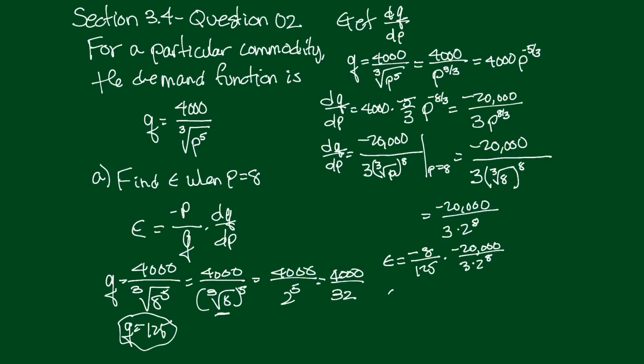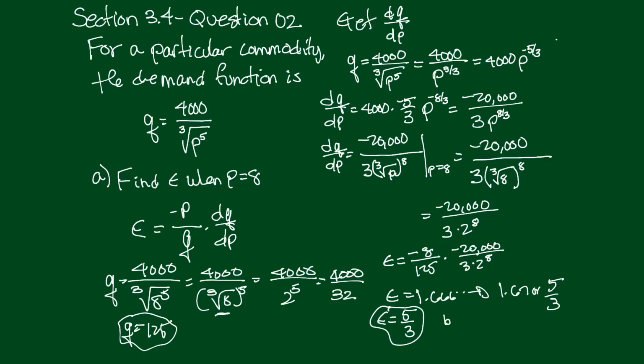When I did using my calculator, I got 1.666, and it kept going, so that's just 1.67, or convert it to a fraction, I got 5/3. So I'm going to claim here that epsilon, the elasticity of demand, is 5/3.